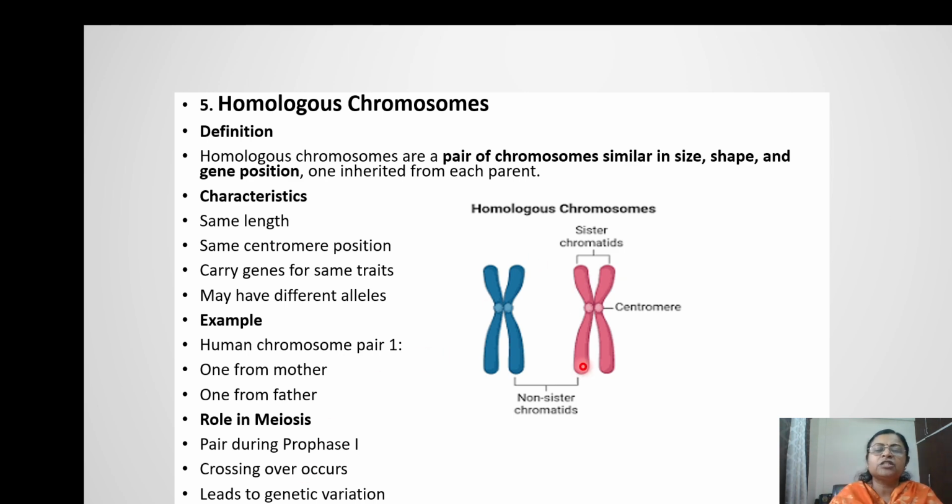Here in the image, you can observe these two arms, or two sides. They bind together with the centromere, these sister chromatids. In this pink color, suppose, both are known as sister chromatids, but blue and this pink are not known as sister chromatids.